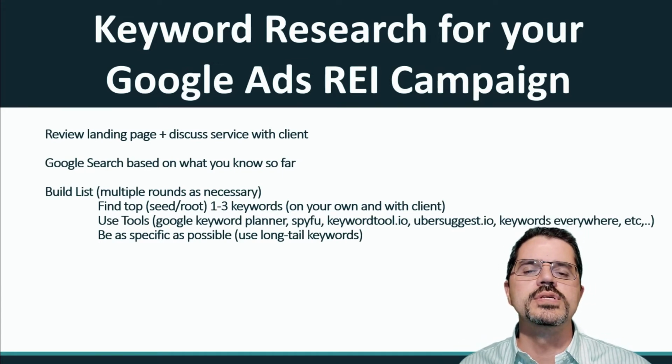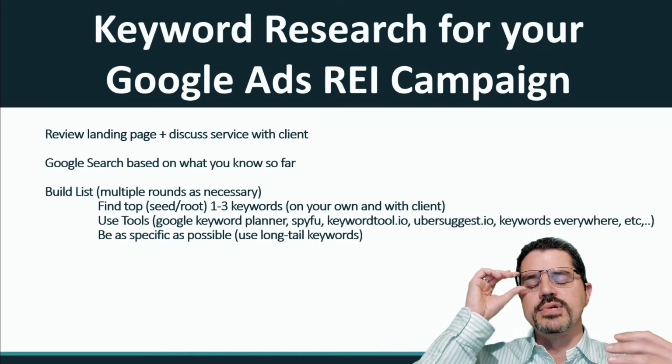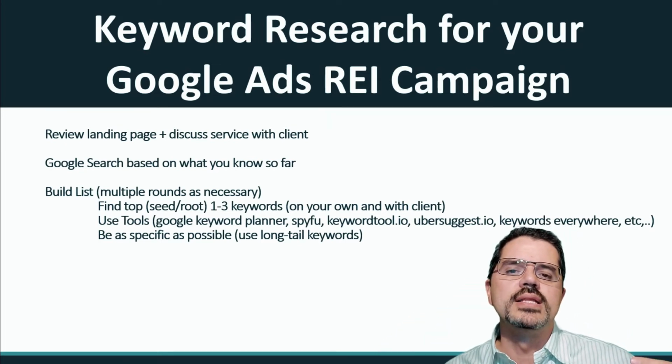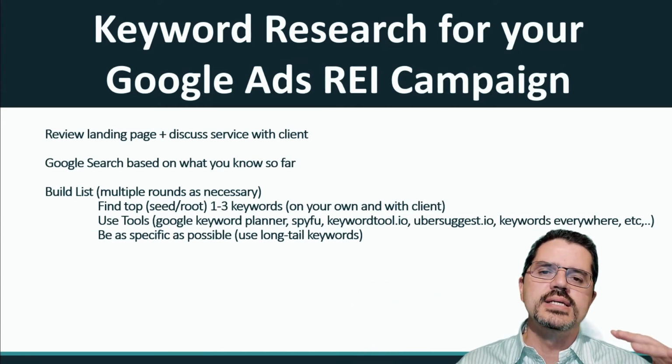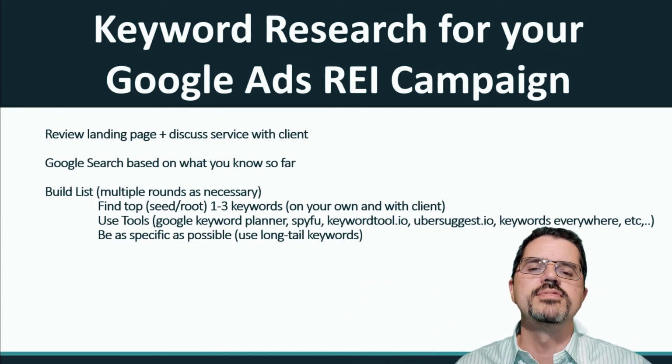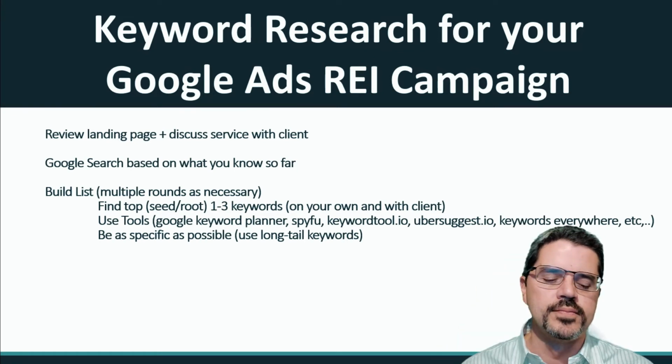If you do this correctly, every keyword should be a long tail keyword, meaning every keyword would have at least 4 or 5 words in the term, and will allow you to be specific as to what people will be searching for.